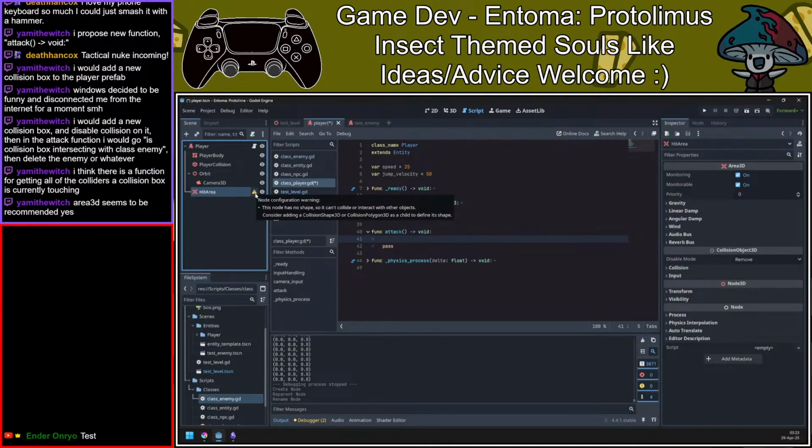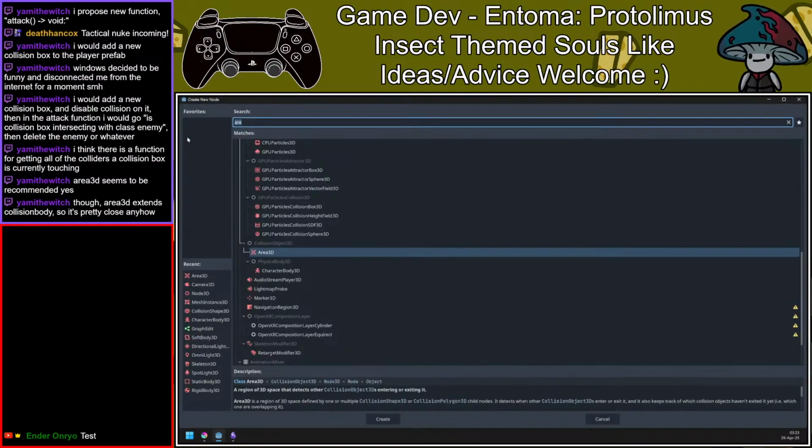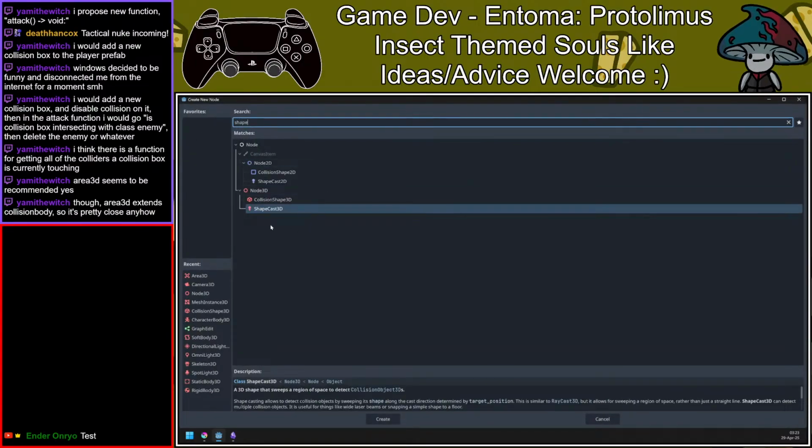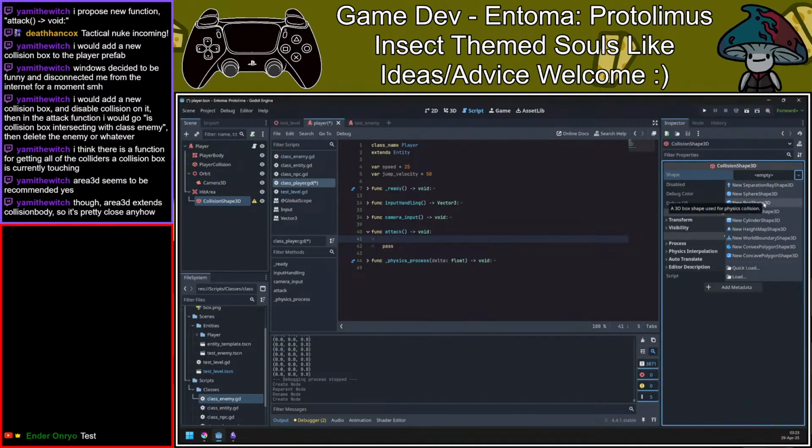Collision shape. Oh, okay. Well, I mean, it needs a collision shape. Anyway. Okay, so box for now.